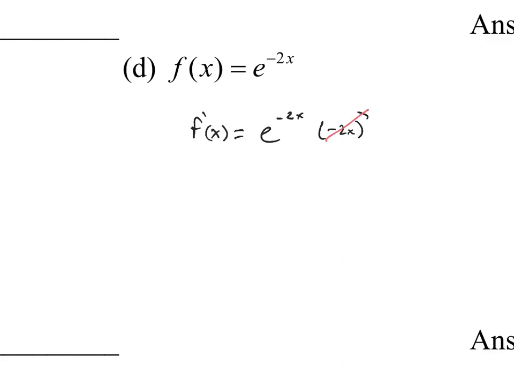Well, the derivative of negative 2x is simply negative 2. So that gives us our final answer of negative 2e to the negative 2x. Again, negative exponent here, perfectly fine. I do not require that you throw it into the denominator. There's no need to do that when you're dealing with our exponential functions.